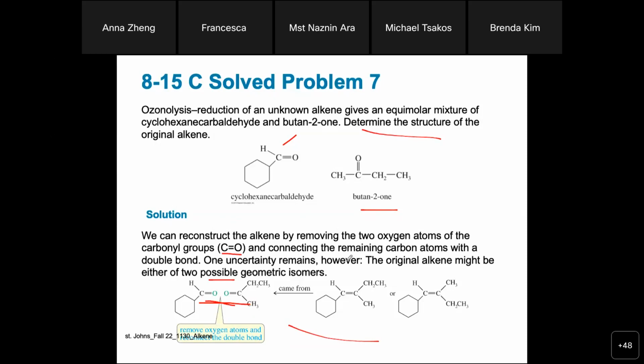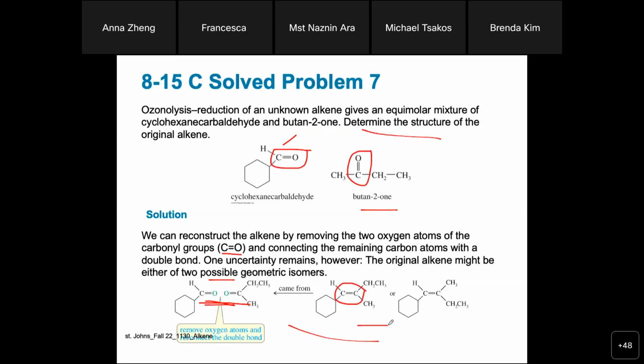So here we can reconstruct the alkene by removing the two oxygen atoms of the carbonyl carbons. So that means here we go. We can remove them and make the original alkene product.